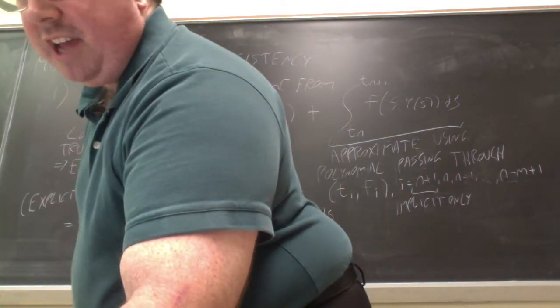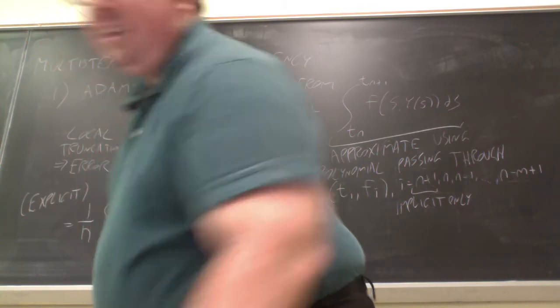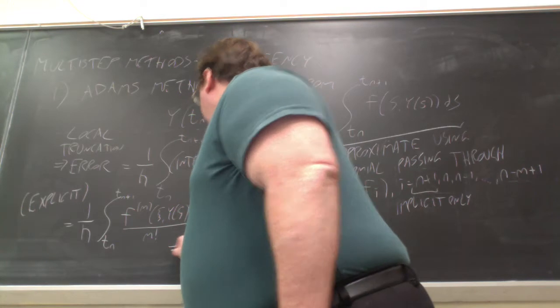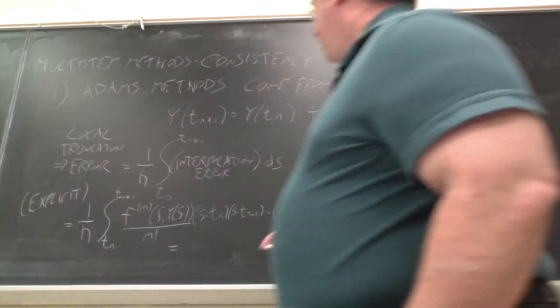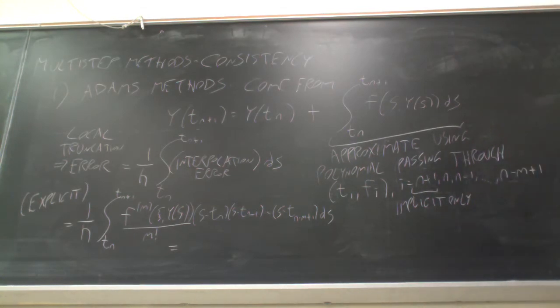Now, fortunately, this can be worked out to a certain degree. What we can do is, it's y of squiggle. We can use the weighted mean value theorem for integrals.